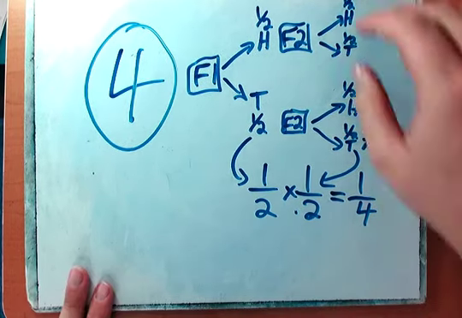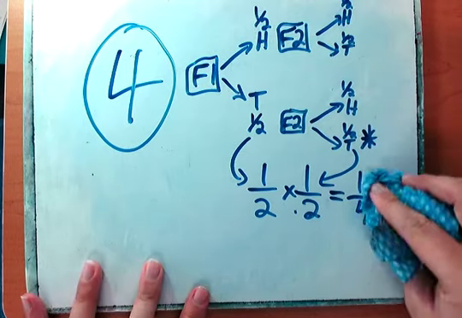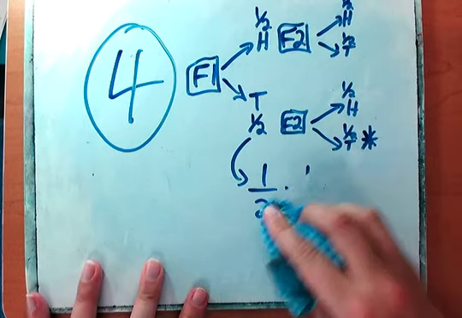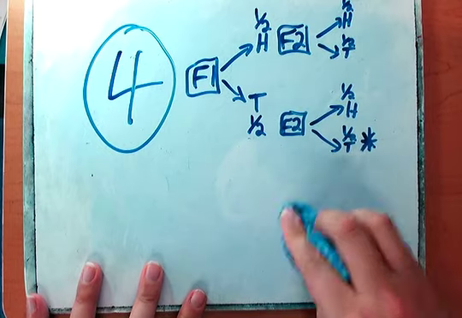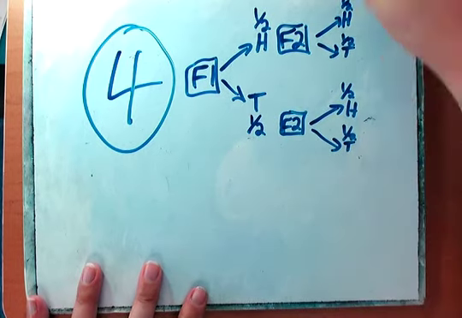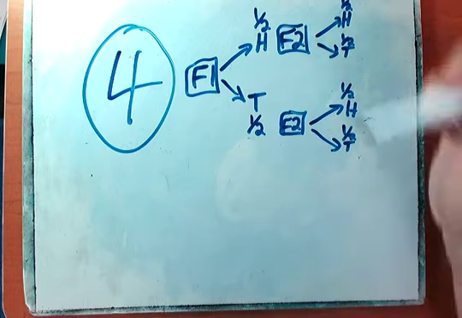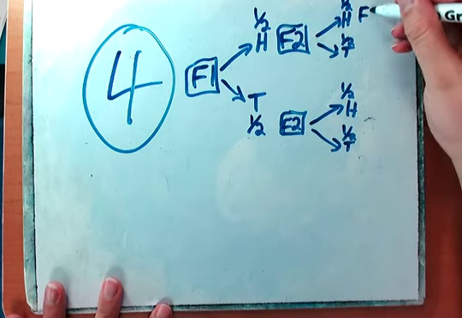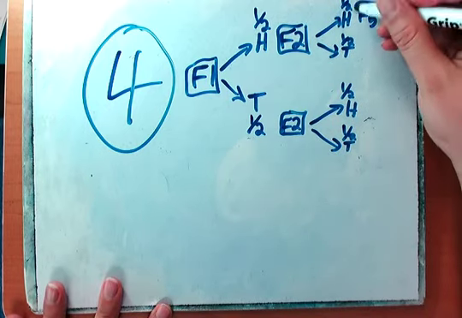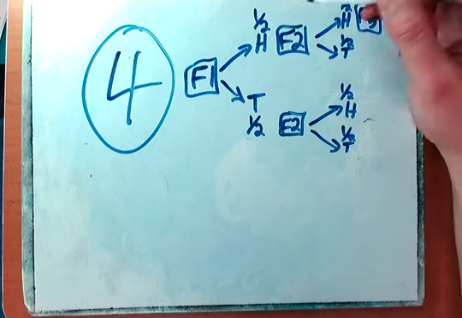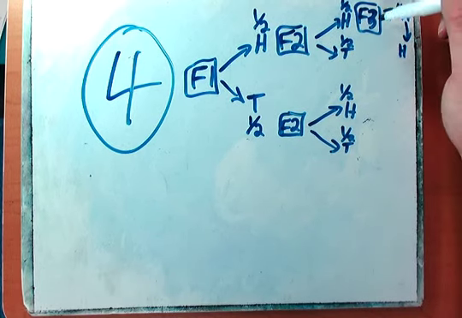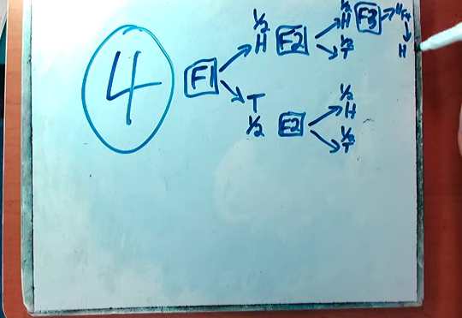Now, the actual question is flipping 4 heads in a row. So we're not looking at that side. We're looking at heads here, then another flip 3 to give us a head, and then another flip 4 to give us another head there. So we got 1/2 times 1/2. Well, and the probability is 1/2 again and 1/2 again.